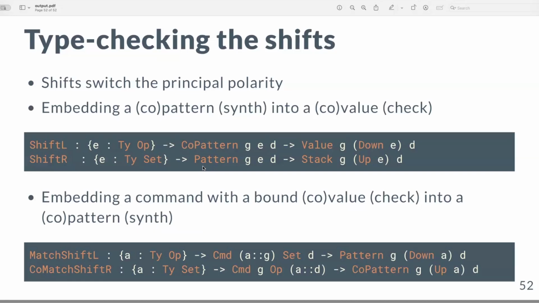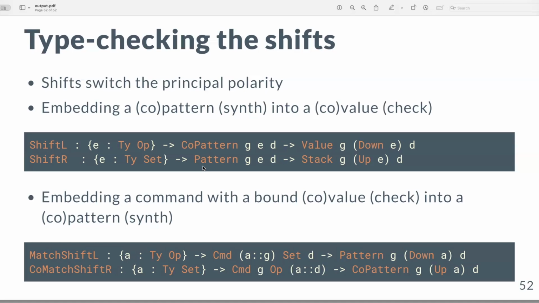It embeds a command with a bound variable, so the positive one embeds a command with a bound negative value into a pattern, and vice versa, a command with a covariable, which is positive, in a co-pattern. Okay, that seems a bit abstract, but the point is that it's the same as embedding a synthesizable thing into a checkable thing.